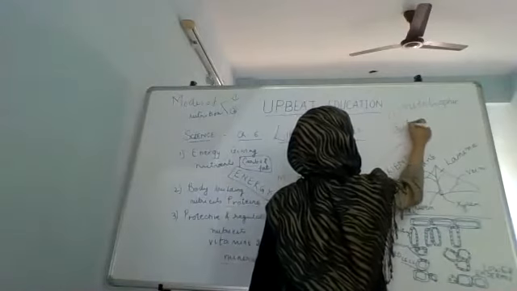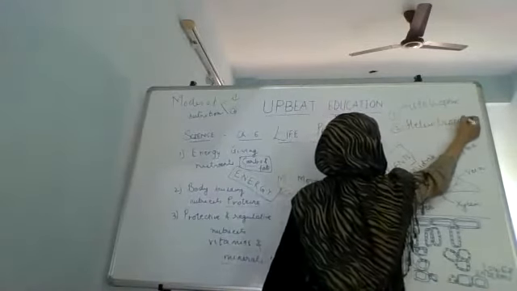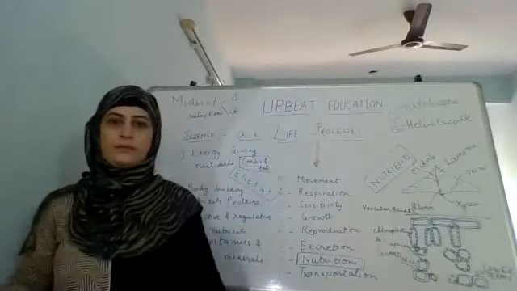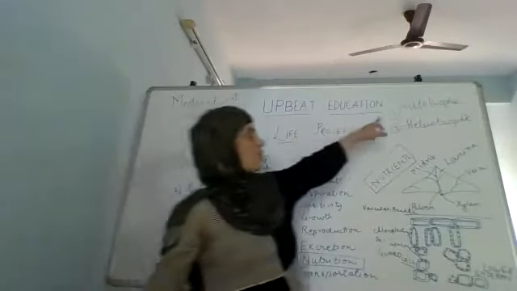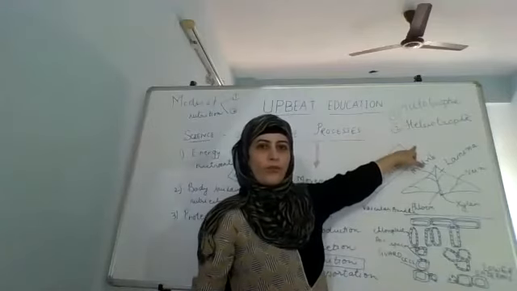And the second is heterotrophic. So there are the different modes of nutrition. The first one is the autotrophic nutrition and second is the heterotrophic nutrition.